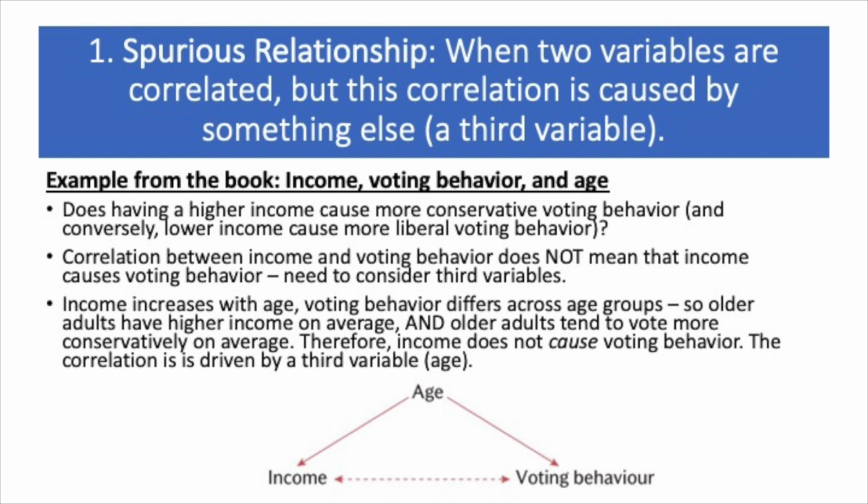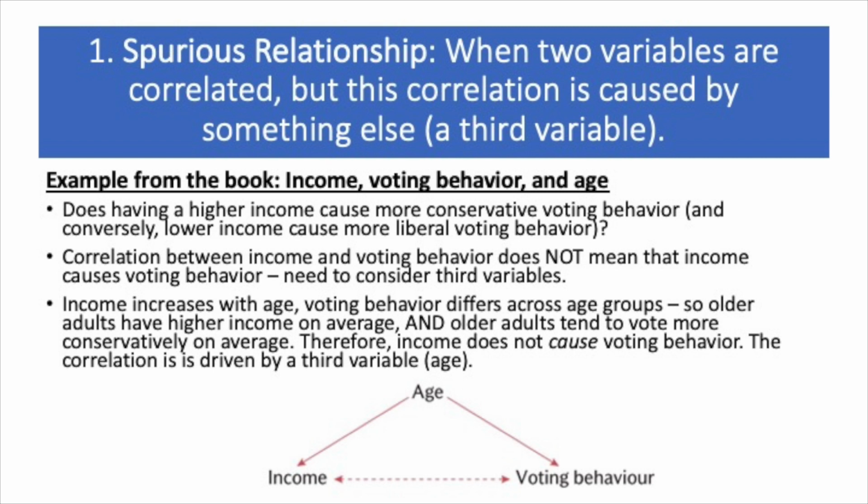So let's say we first do a bivariate test of the relationship between income and voting behavior, and we find that having higher income is correlated with voting more conservatively, whereas having lower income is correlated with voting more liberally. And we do see this bivariate correlation with most data.